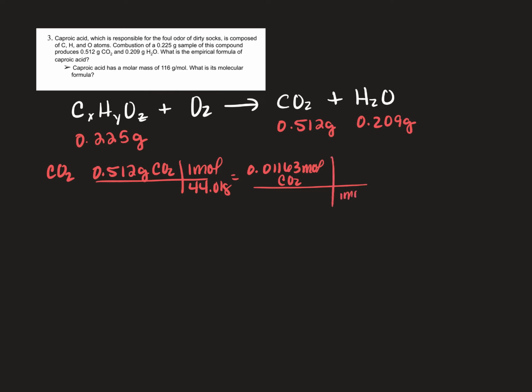And I know that in every 1 mole of CO2 I have 1 mole of carbon. So that gives me 0.01163 moles of carbon. And then I know in 1 mole of carbon, there's 12.01 grams of carbon. So I get 0.1397.